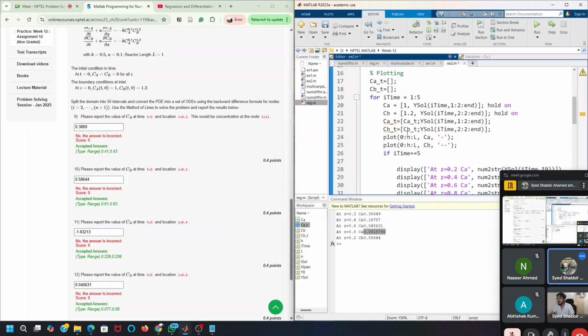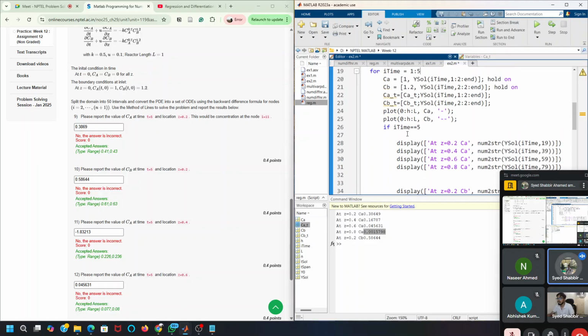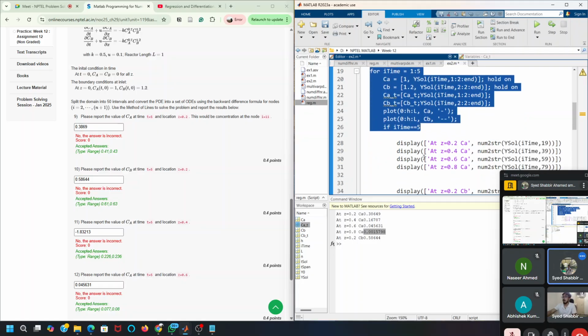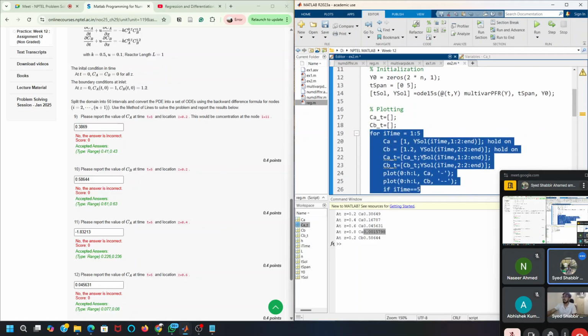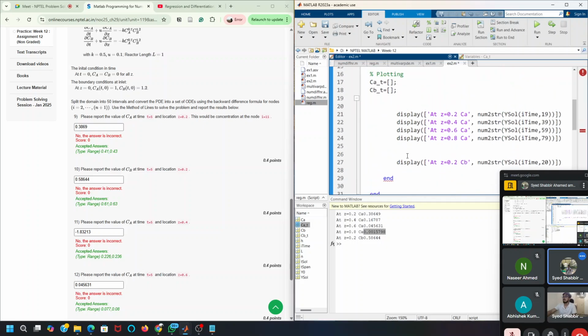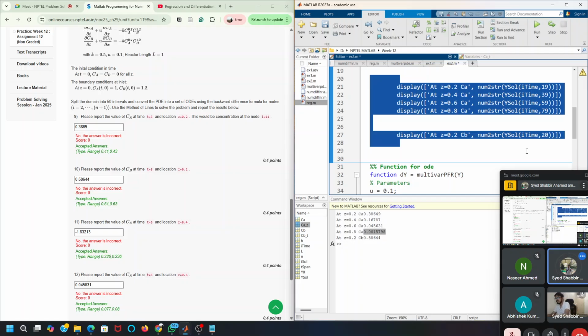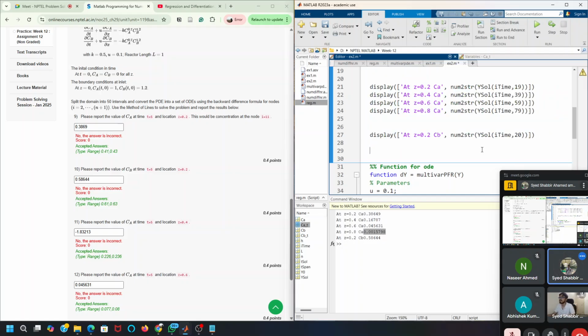We'll do one thing. We'll just remove these things. I don't want to plot here. Anything to be plotted, just display everything. This is the end.